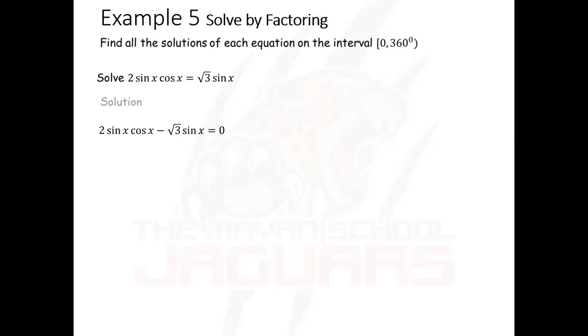We can factor the greatest common factor, sine of x, and the expression becomes sine of x times 2 cosine of x minus square root of 3, equal to 0. Now I can set each of the factors equal to 0: sine of x equals 0, or 2 cosine of x minus square root of 3 equals 0.